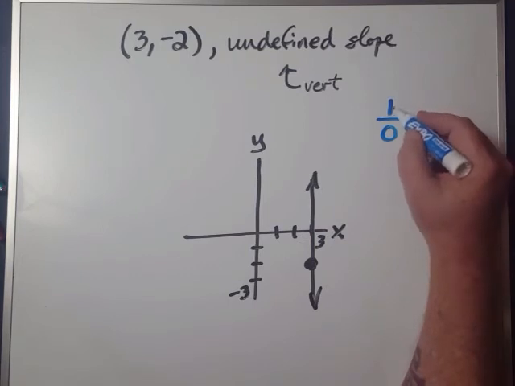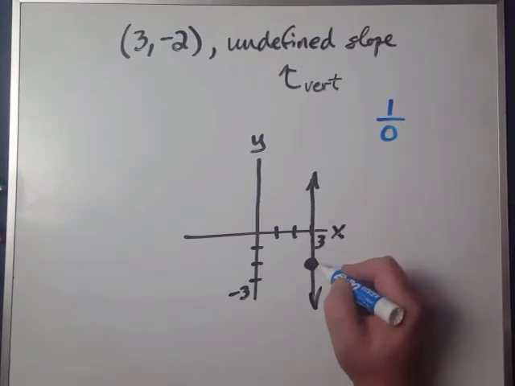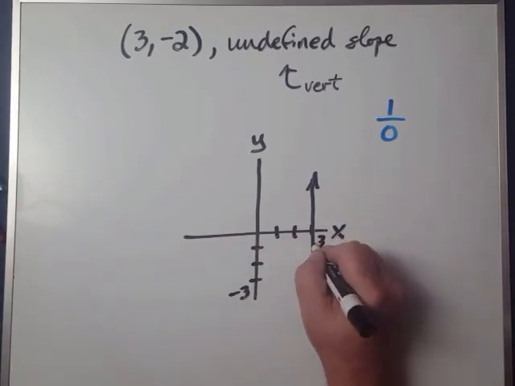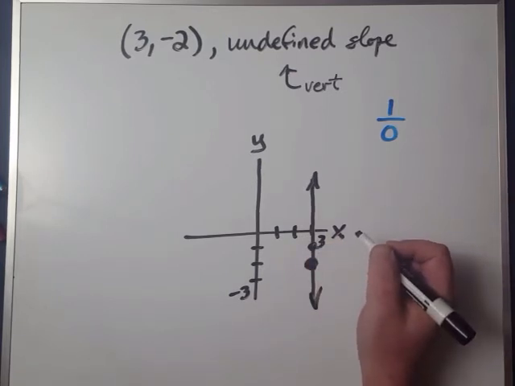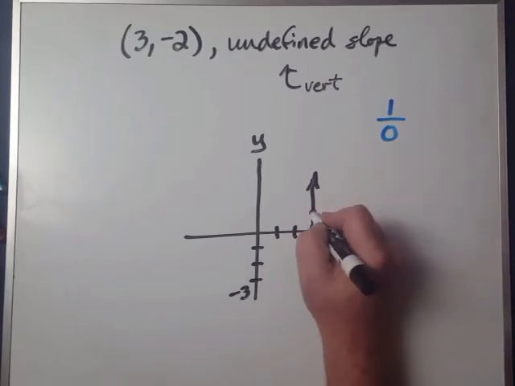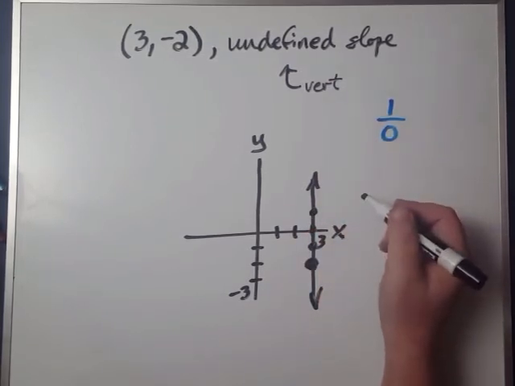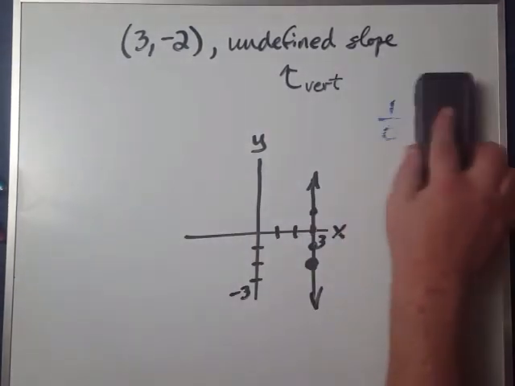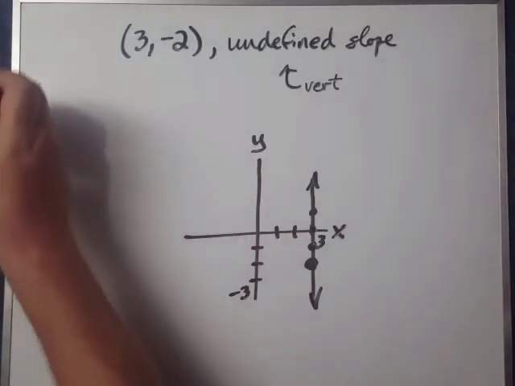This would tell me go up 1 over nothing. Well, if I start here at this given point and I go up 1 but not over, where am I? I'm right above where I was, immediately above. Up 1 over nothing. And I'm tracing out this vertical line. But as a mathematician, I don't interpret it that way.